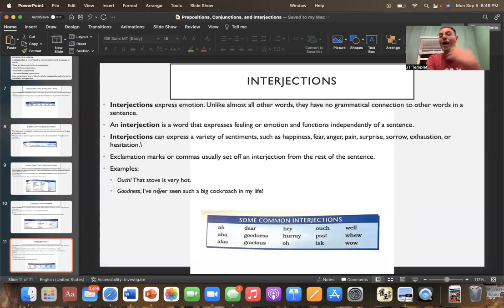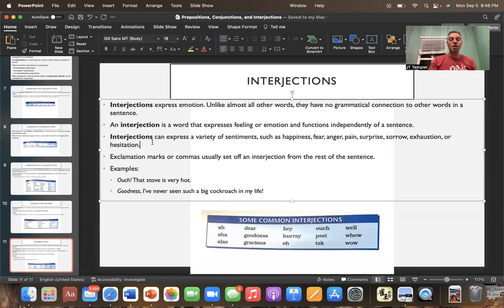They can express a variety of sentiments such as happiness, fear, anger, pain, surprise, sorrow, exhaustion, or hesitation. Exclamation marks, depending on how emphatic they are, or commas usually set off an interjection from the rest of the sentence.